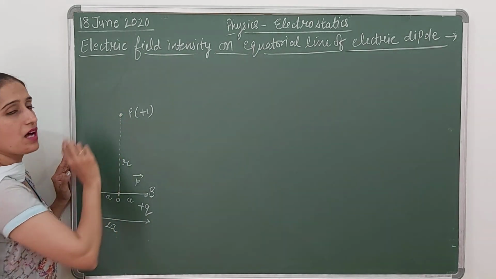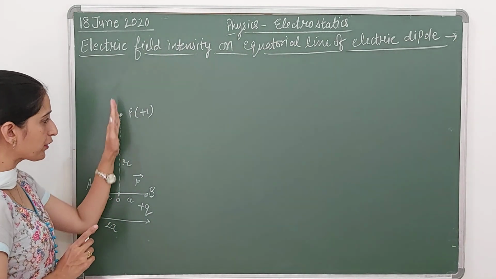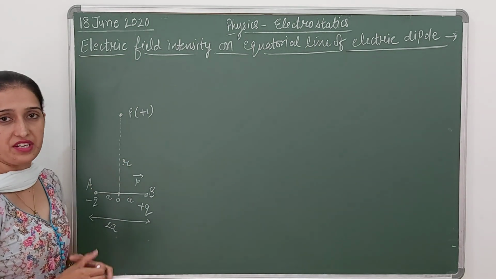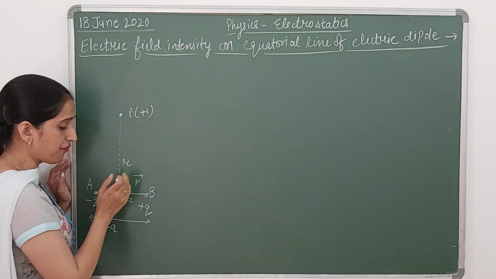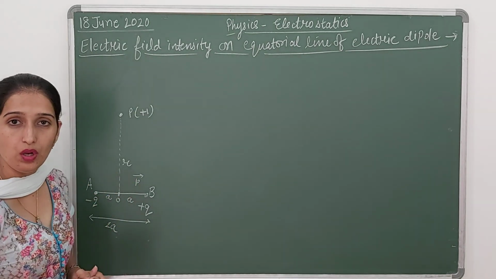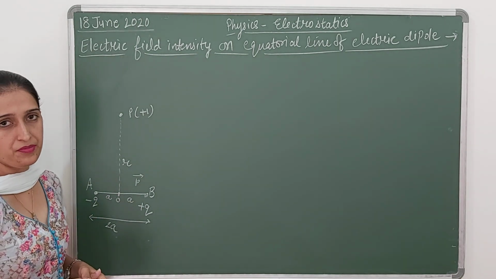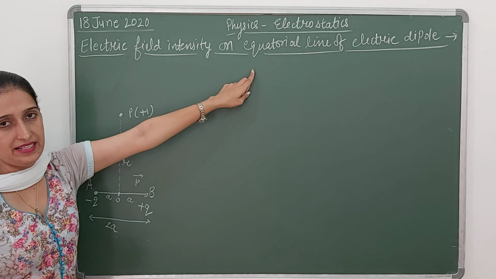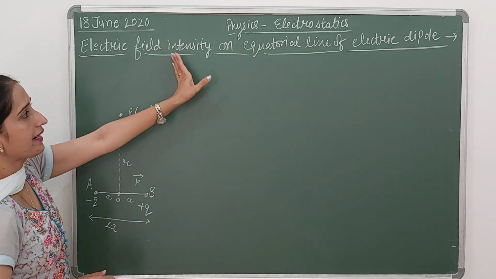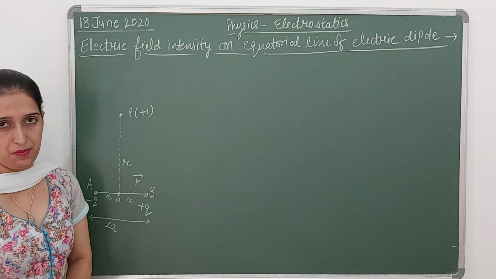And P is our observation point, which is on the equatorial line of the electric dipole. It is separated by a distance r from the center of the dipole. At this point we are going to calculate the electric field intensity. This is our topic, electric field intensity on the equatorial line of an electric dipole.